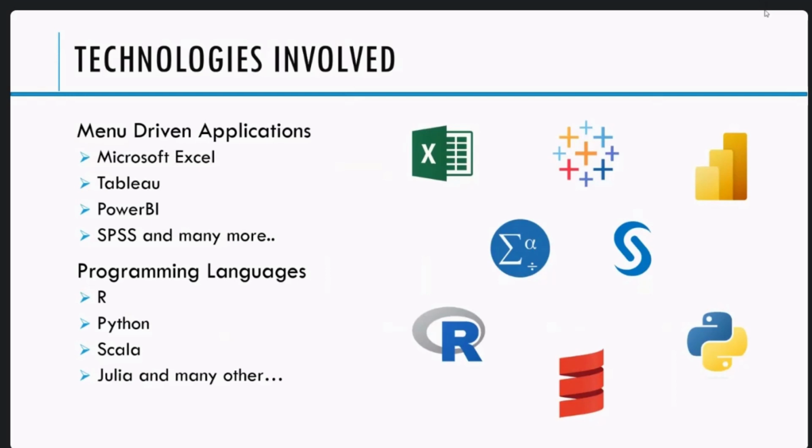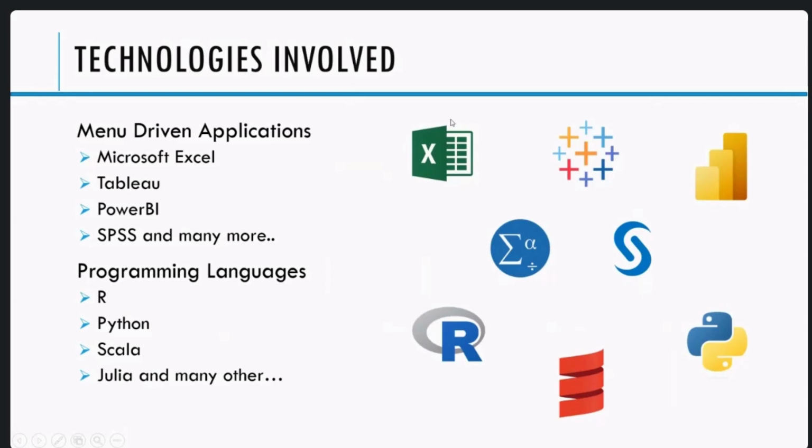If you want to go for descriptive analysis, there will be a particular button or menu to find out all the descriptive parameters like mean, median, mode, etc. So there you will get a lot of menus for doing this analytics. What are the technologies surrounded with menu-driven things?